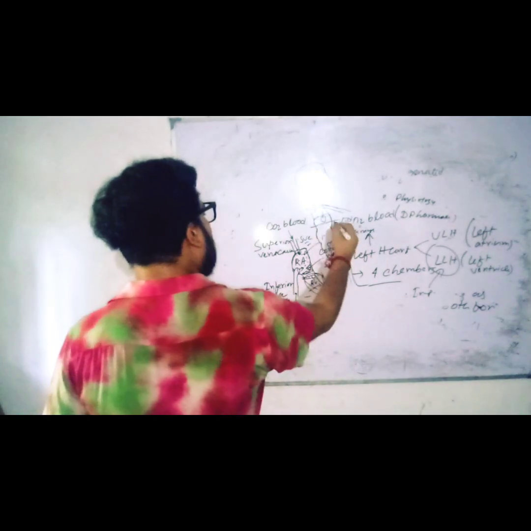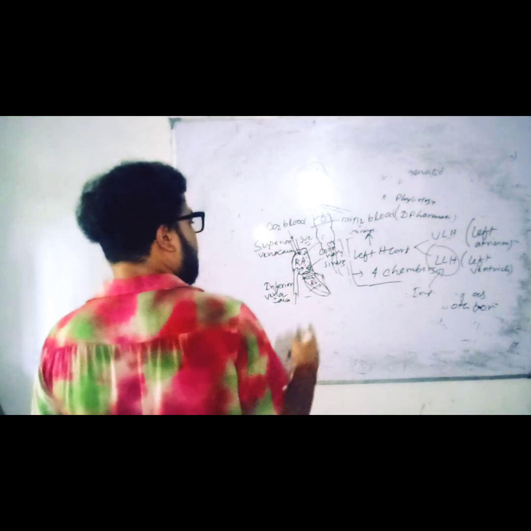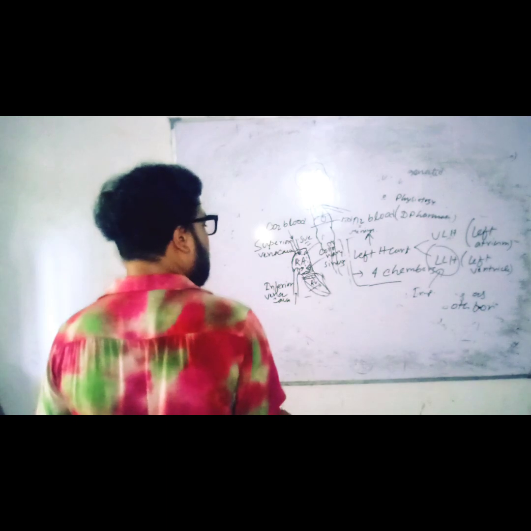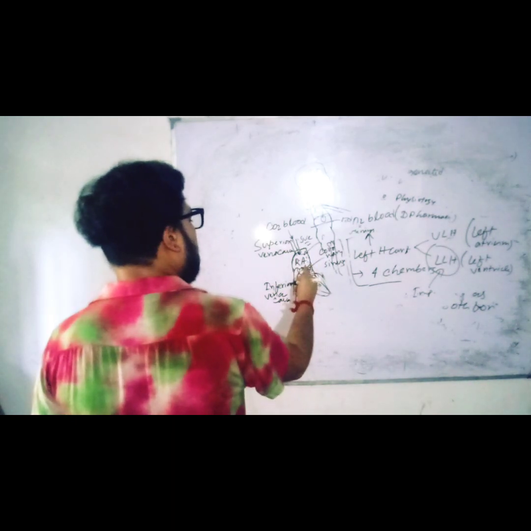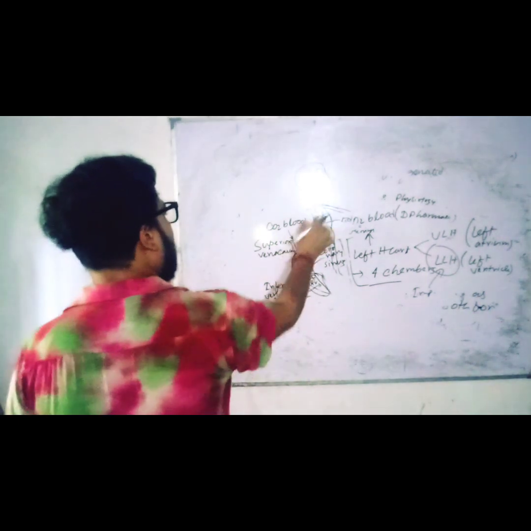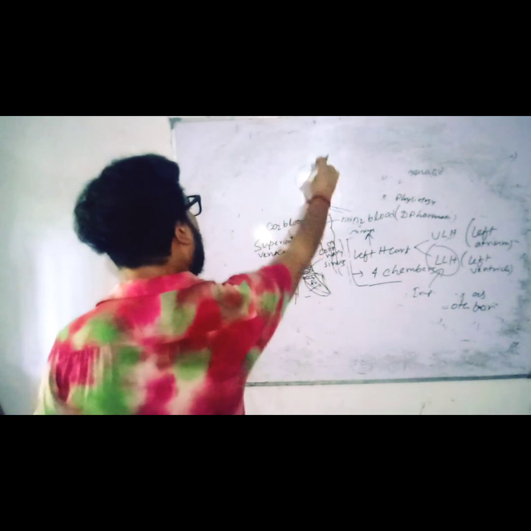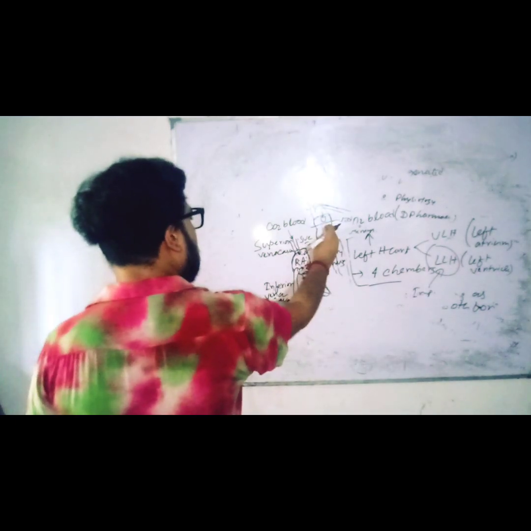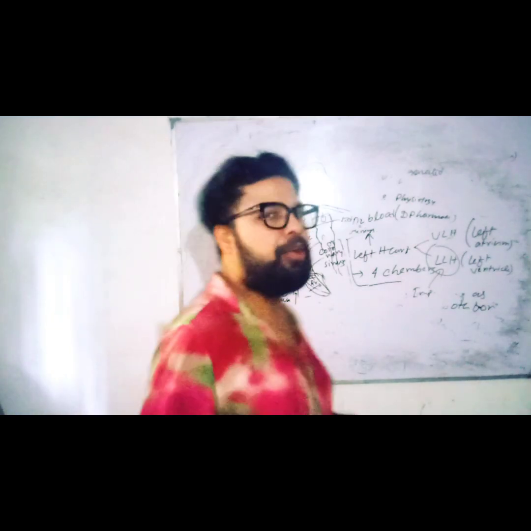The venous blood from the part below the level of the heart will be draining into the inferior vena cava and finally coming into the right atrium. So superior vena cava drains from the part above the heart level and inferior vena cava drains from the part below the heart level.